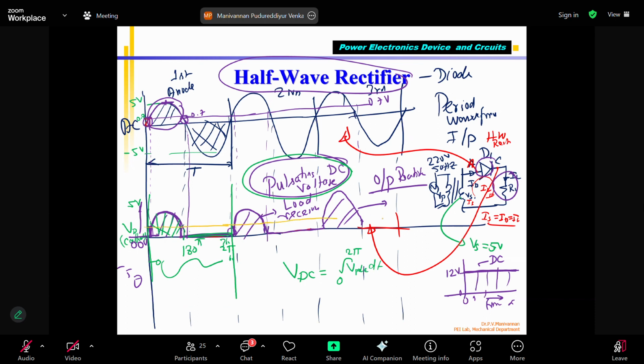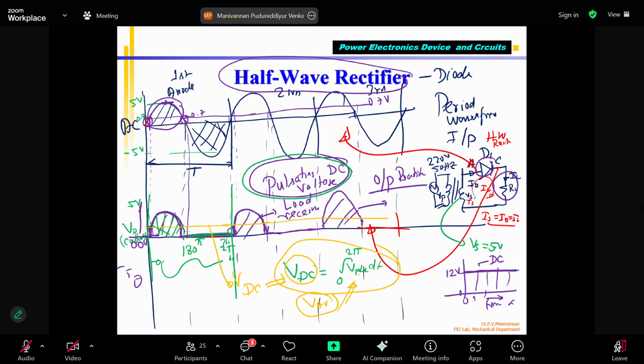Correct. So this is the VDC, which can be computed using this. It is called the average voltage. Some books call it V average, some books call it VDC, which you can compute using this formula. Okay. So that is called the average.